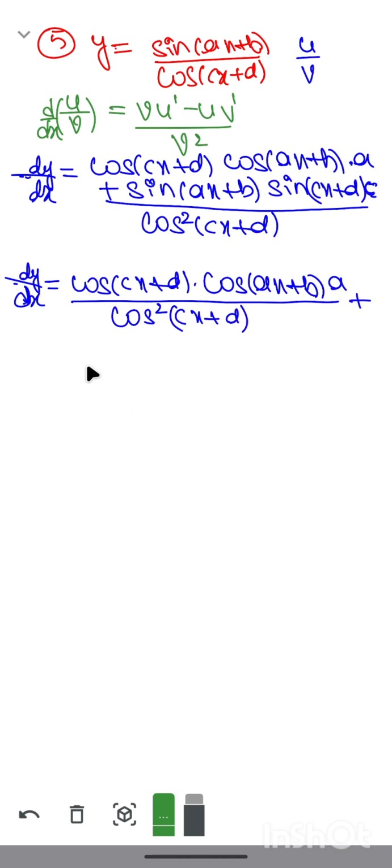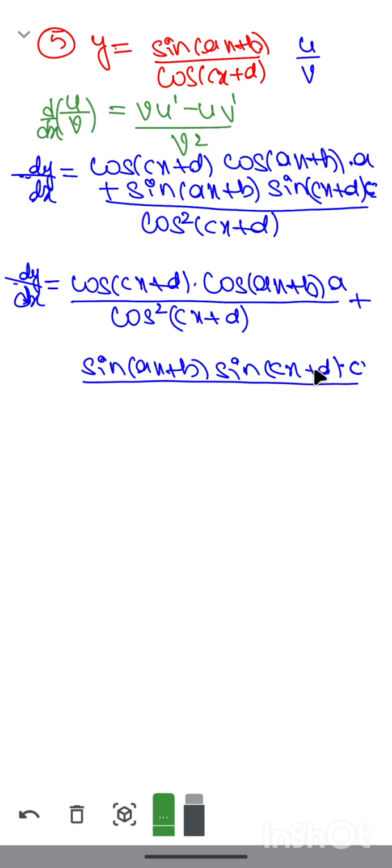The second term is sine of (ax plus b) into sine of (cx plus d) into c, whole divided by the same denominator, that is cos square of (cx plus d).